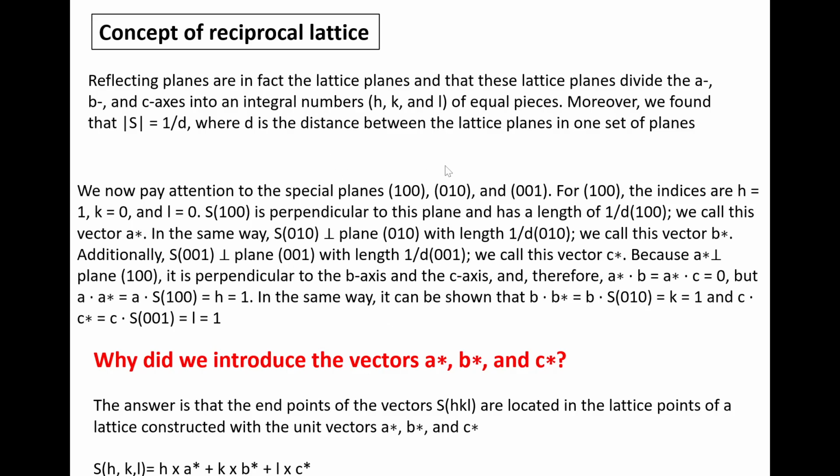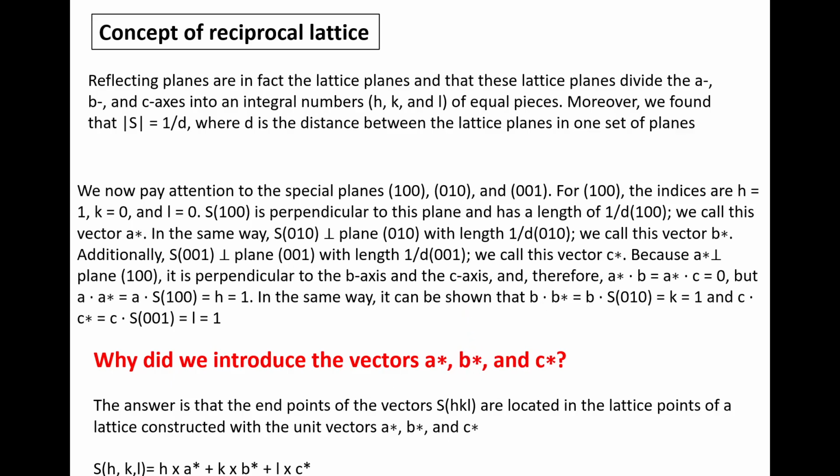If you remember, we get a scattering factor of the whole unit cell, and you apply a Fourier transform on it to get your electron densities. So that's why A star, B star and C star are used to define any vector.